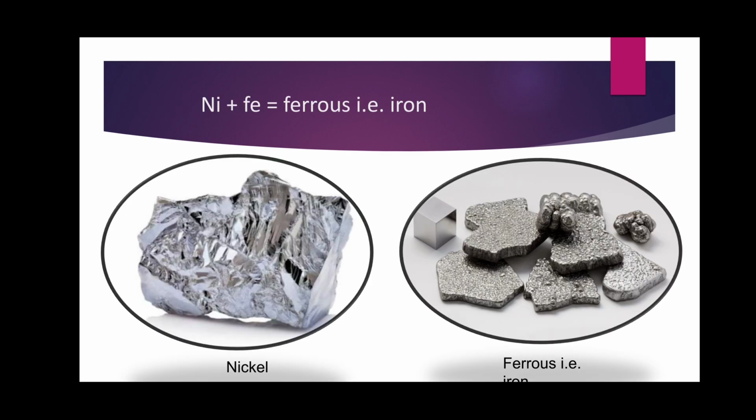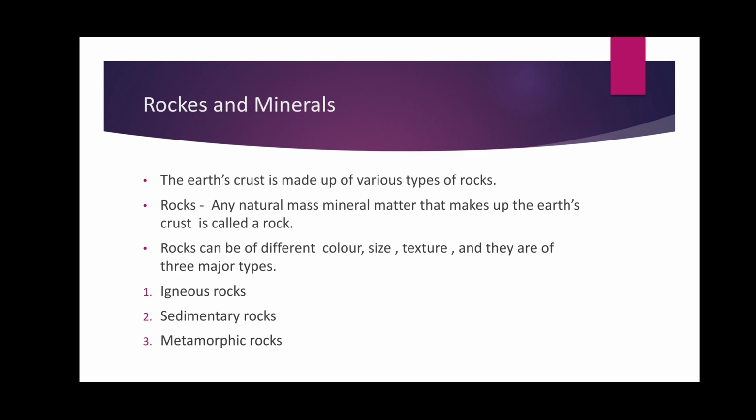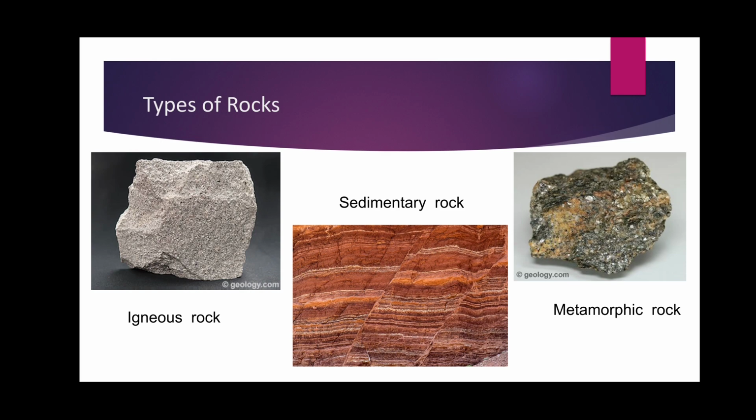Okay students, in the second part we studied about rocks and minerals, what the crust is made up of, and three different types of rocks: igneous rocks, sedimentary rocks and metamorphic rocks.